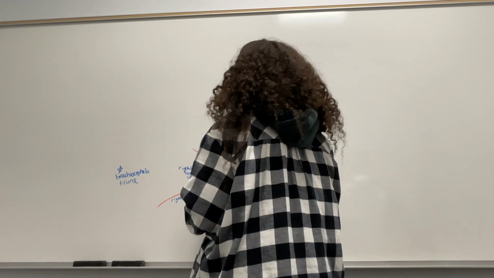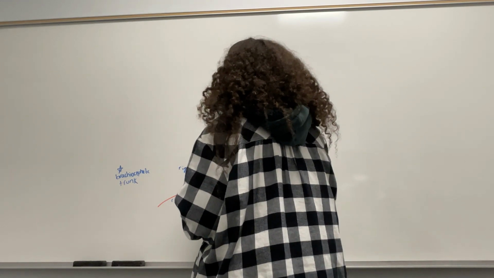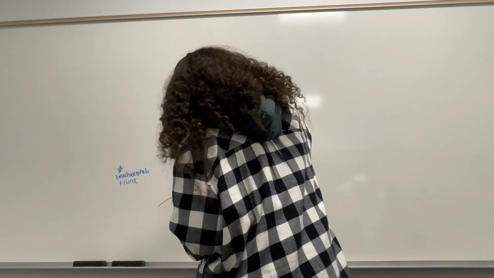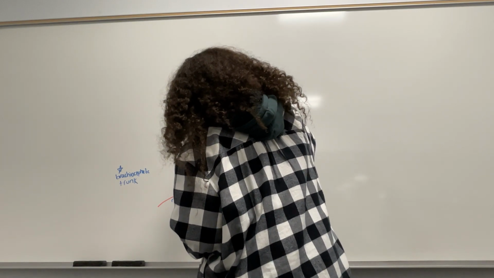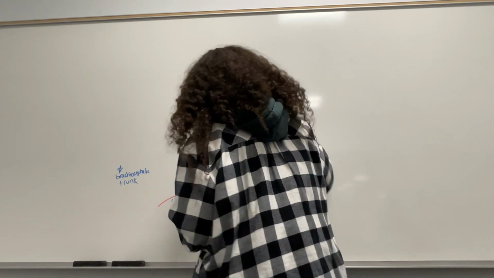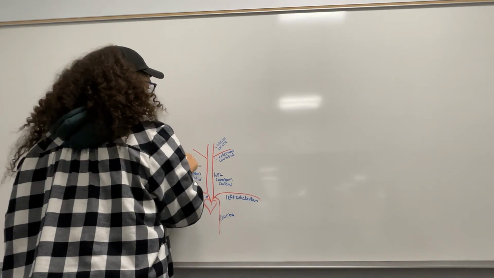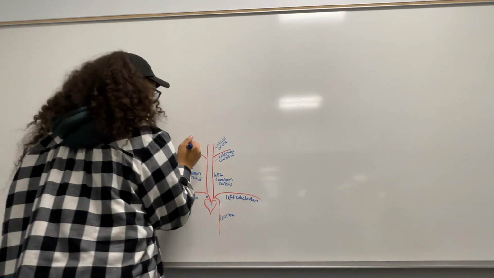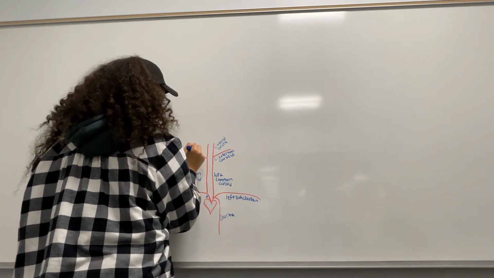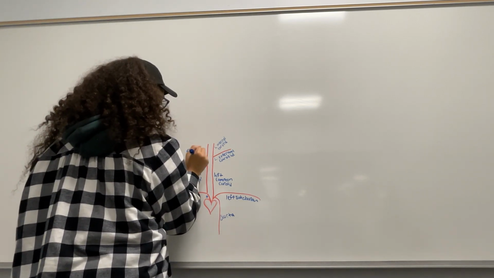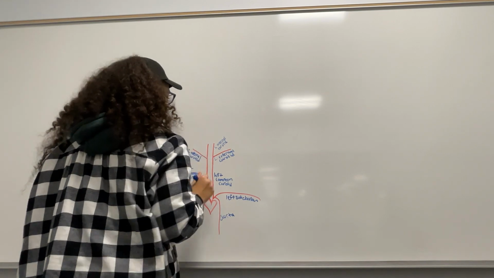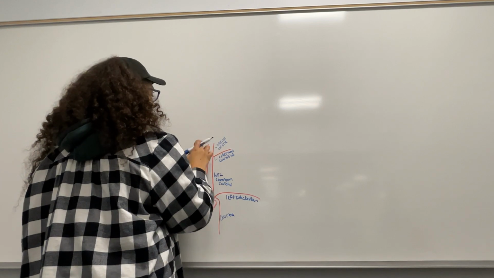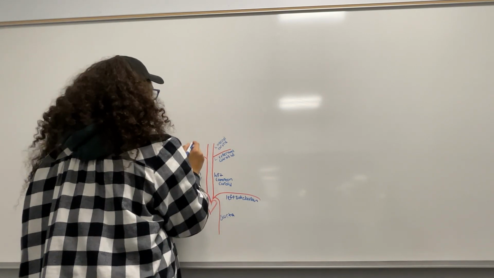And so this is the external carotid, this is going to be the internal carotid, and that's also the left internal carotid. And so if this is the left, this is going to be the right external carotid. And then if this is the left, this is going to be the right internal carotid.